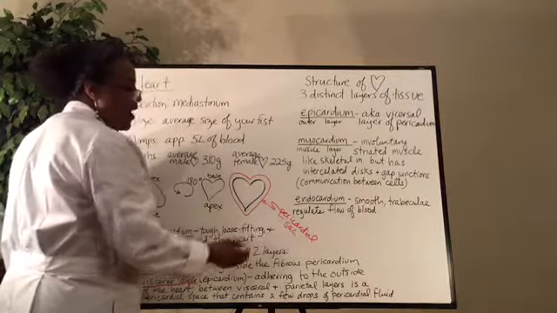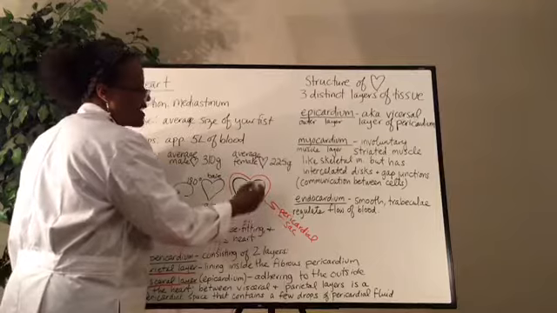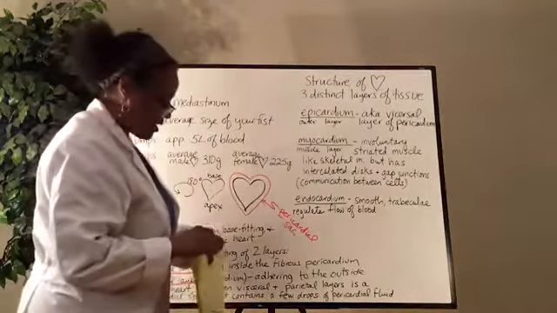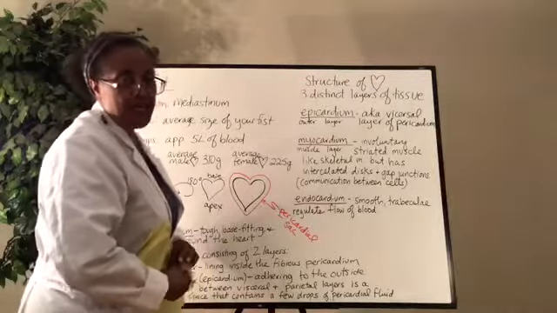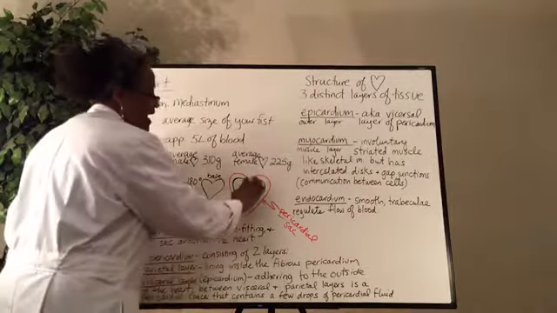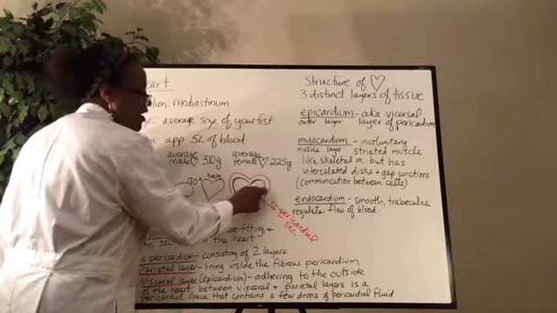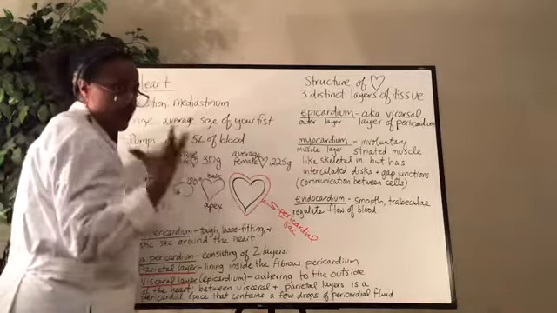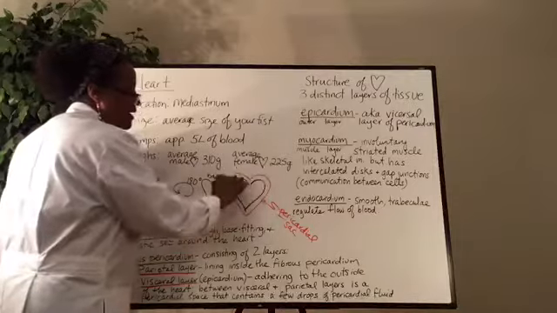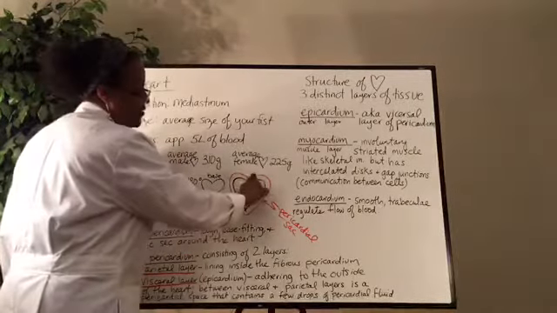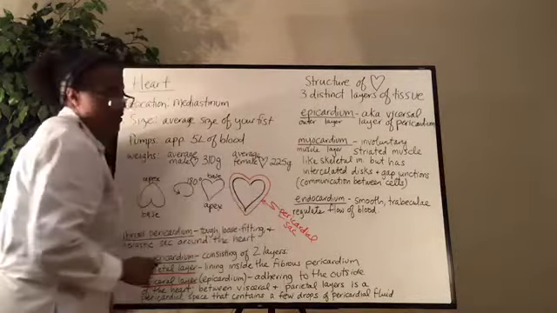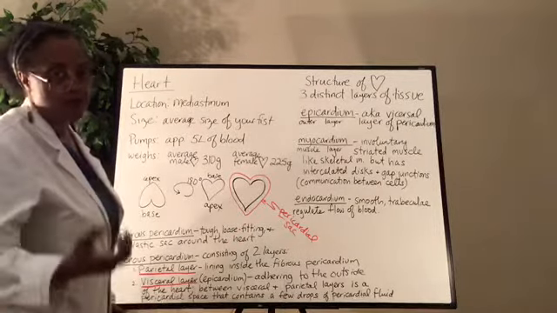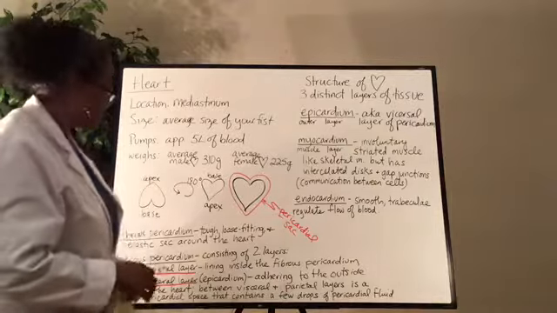Peri means around, cardio means the heart. The sac, of course, is the encasement that's around the heart. That's going to be important because within this case that surrounds the heart, there's fluid in this general area. Pericardial fluid. Around the heart, there is fluid, pericardial fluid, right?